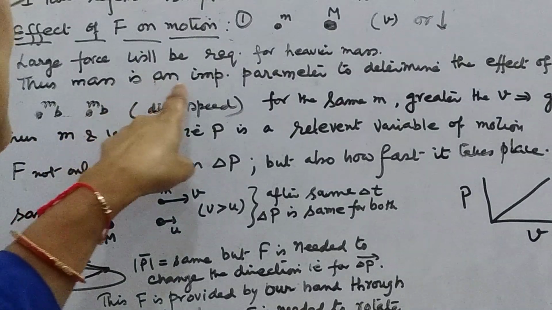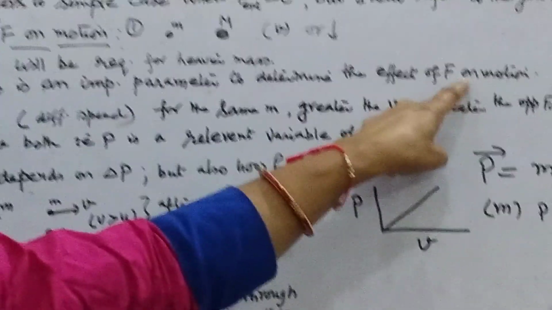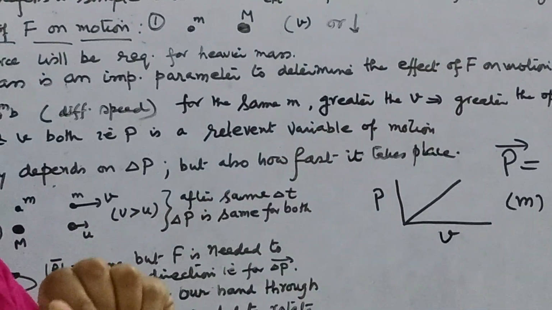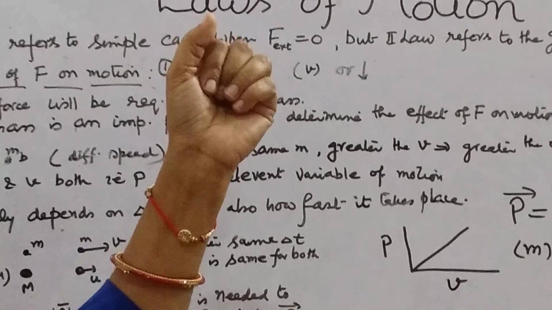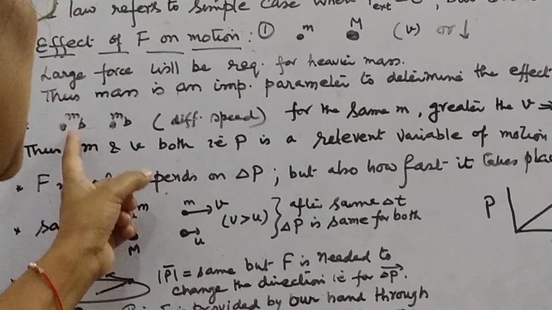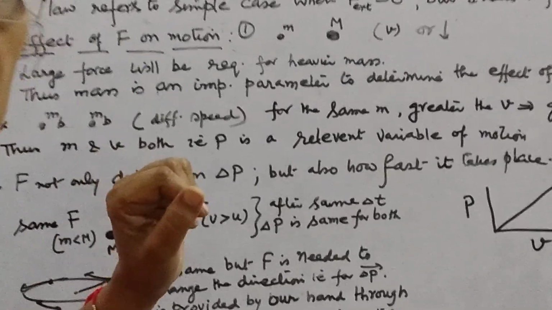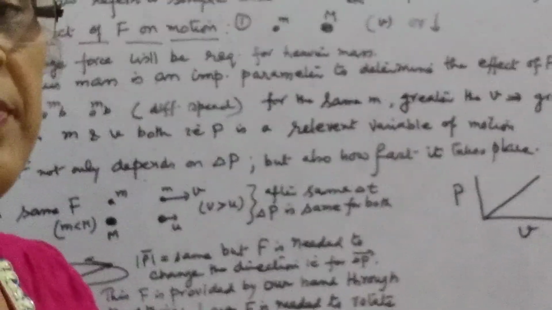Thus, mass is an important parameter to determine the effect of force on motion when we have taken different masses. Now, in the second example, if we take the same mass moving with different speeds, how will you give the example?